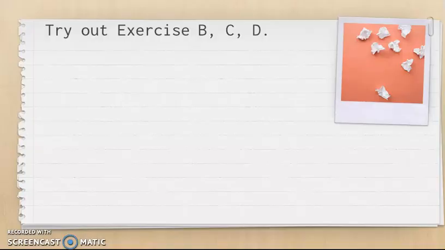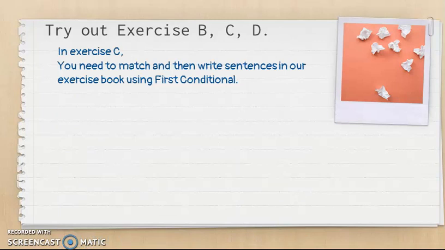Now I want you guys to try out exercises B, C, and D. For exercise C, you need to match and then write sentences in your exercise book using first conditional. Still remember what is first conditional? First conditional, we normally use present tense to indicate facts or general truth.